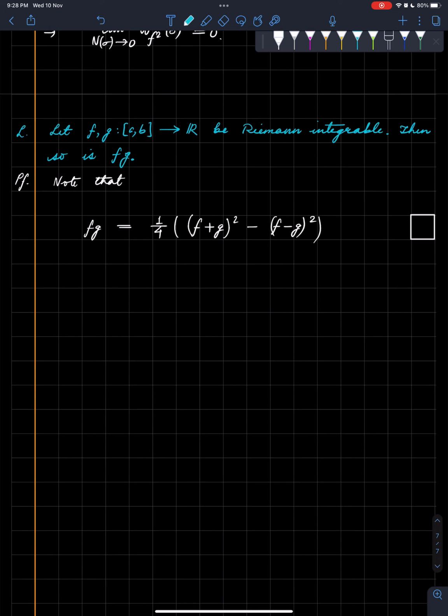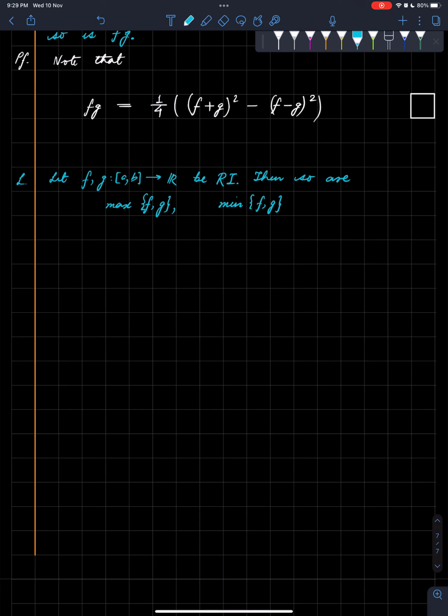Okay, and let me do one more. So let f and g be Riemann integrable. Then so are the max and the min functions.